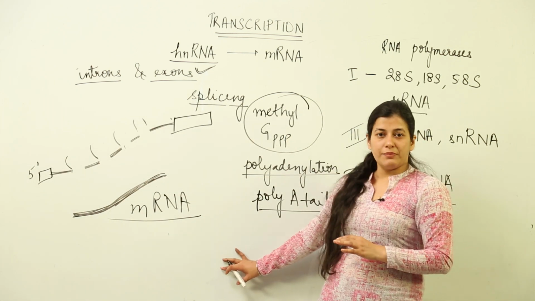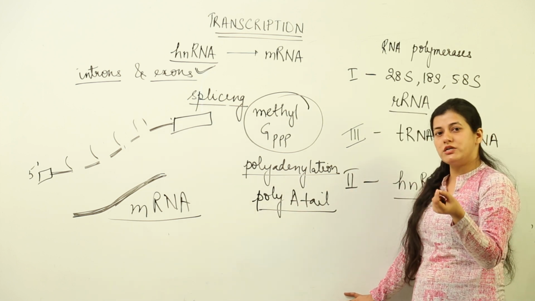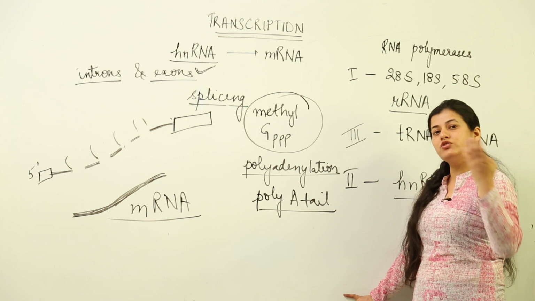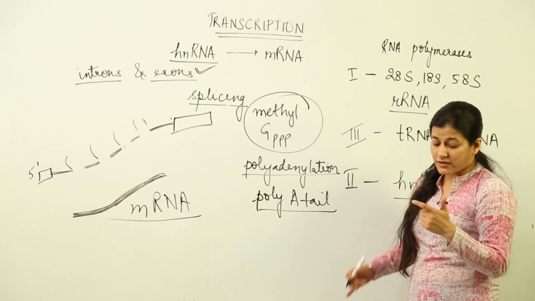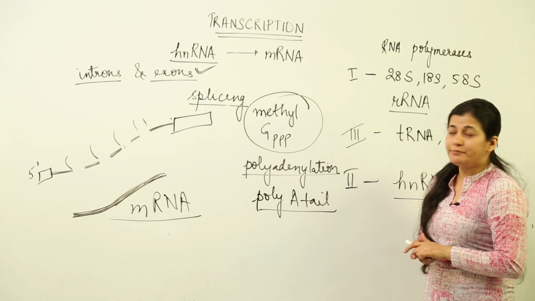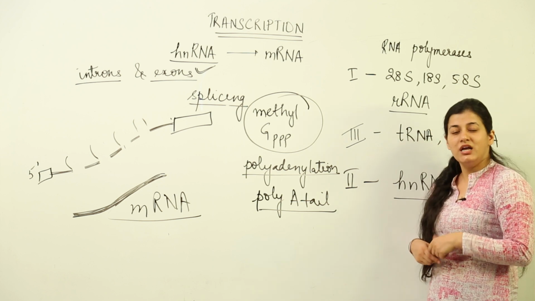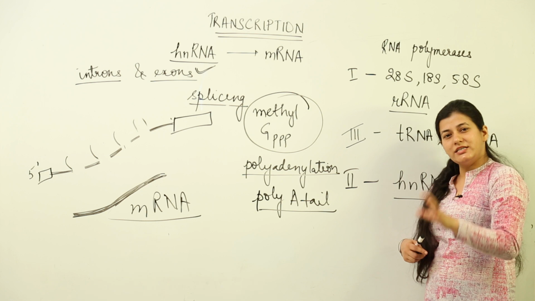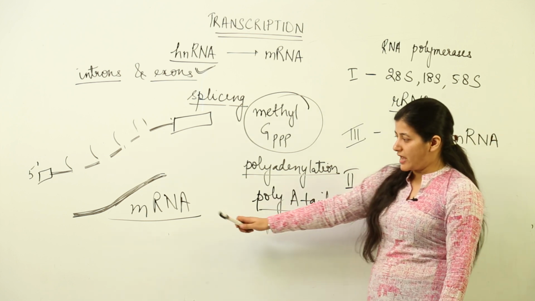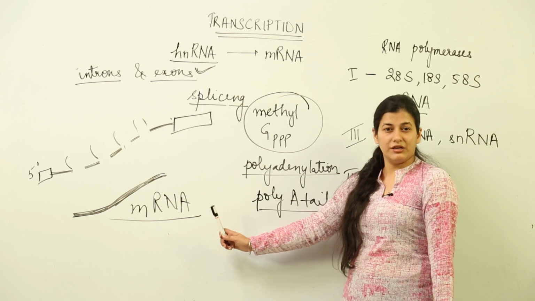Now, one thing you have to keep in mind is that this arrangement of introns and exons is somehow pointing towards the evolutionary mechanism. Why are introns present in between exons if they are not required? Maybe with time we as eukaryotes, or simply the eukaryotic cell, learnt that this part is not required and it is better to remove it, because ultimately this is pointing somehow towards this still being an RNA world.